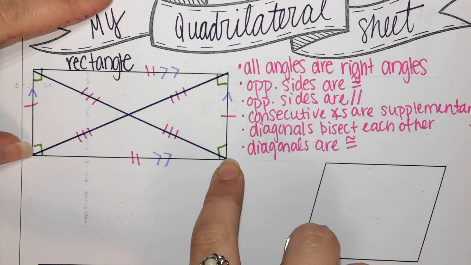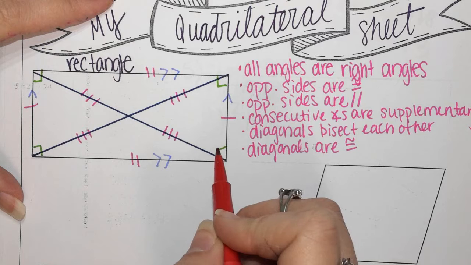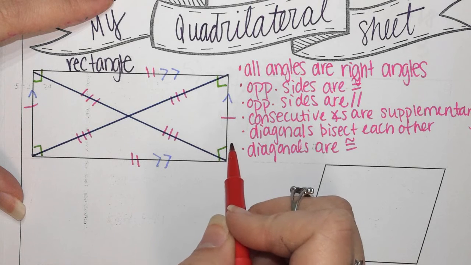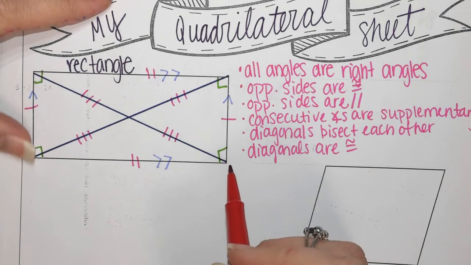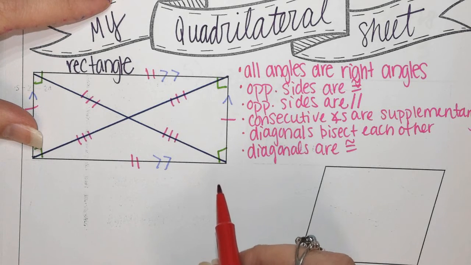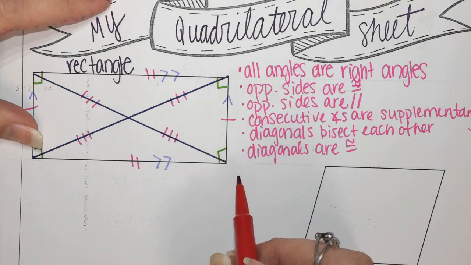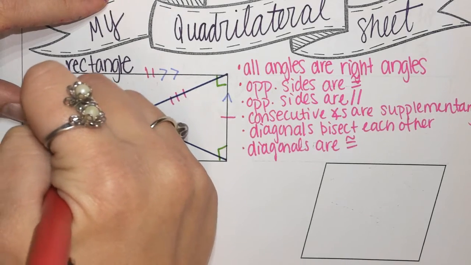This diagonal goes all the way across regardless of if that's 90. Because this could be 33, and that's going to mean that top one is what? What does the word bisect mean? It means cuts in half. So that means you would have 2 congruent angles. Okay. The diagonals do not bisect the angles. Write that down.